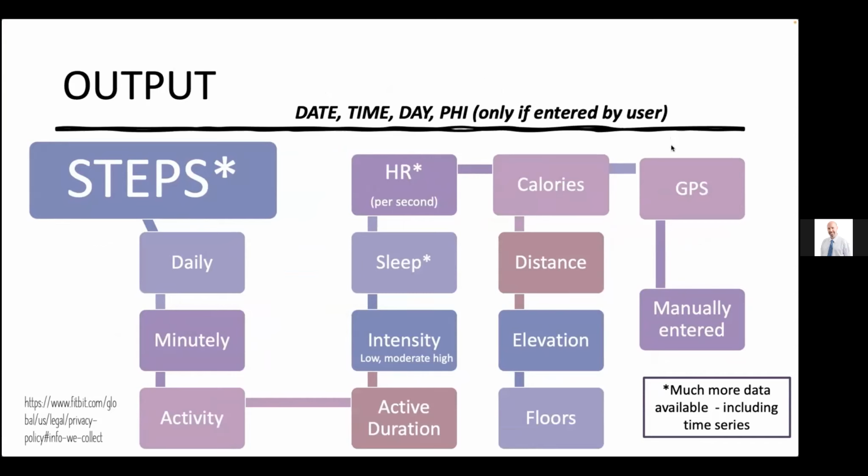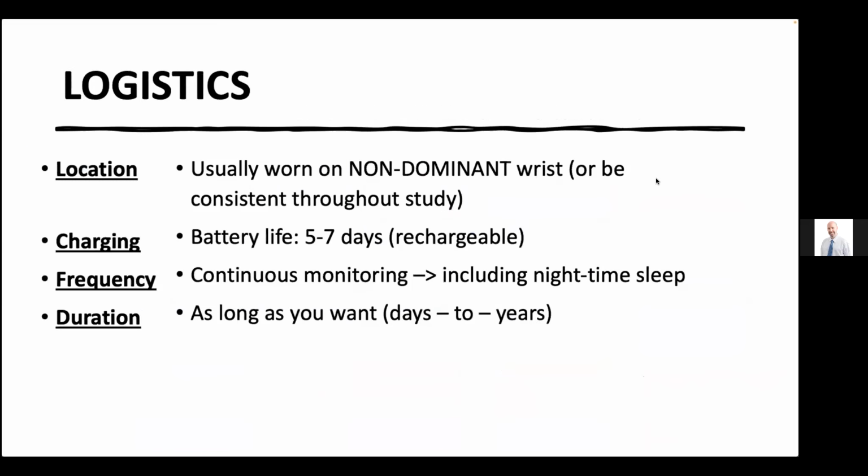You can get the intensity of the activity, so high, moderate, or low, activity duration, calories. This is if you input the food manually, distance, elevation, the number of floors, and as I said, some models have GPS, so you can get location data. The website to the bottom left can show all the different types of output that are available on the Fitbit.